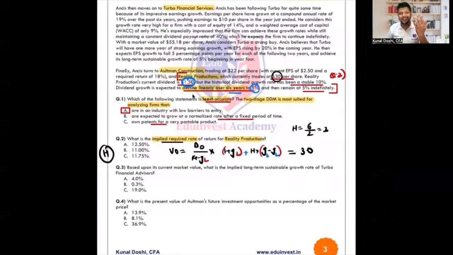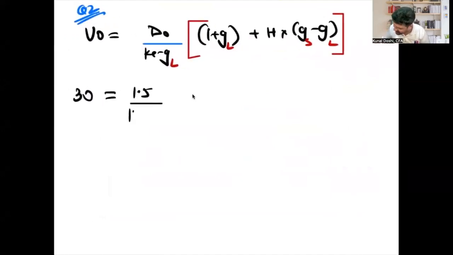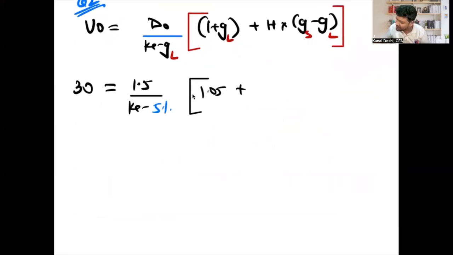Cost of equity is what we are looking for. So this is divided by KE minus the long-term growth rate. The long-term growth rate is 5%, right? Into 1 plus long-term growth rate, that is 1.05, plus H, which is now 6 divided by 2, that is 3, into the difference between 10% and 5%. Correct?